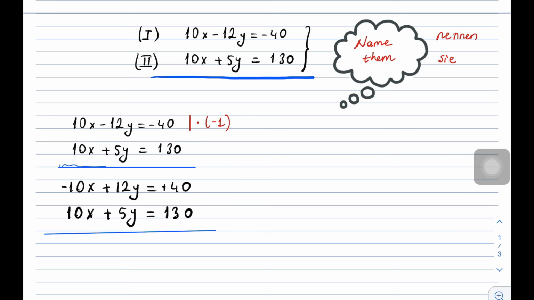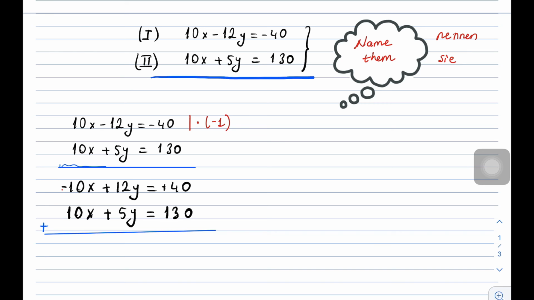It's very important. Now I'm going to add these two. What does that mean when you add them? Negative 10x plus 10x, what is the whole thing equal to? 0, right? This is all gone.